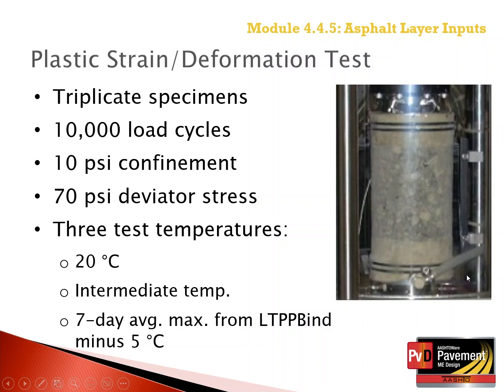The tests were run to the lesser of 10,000 loading cycles, or a cumulative permanent axial strain of 5%. The test can exhibit high variability, so triplicate specimens, or 3 test specimens, are recommended for use.